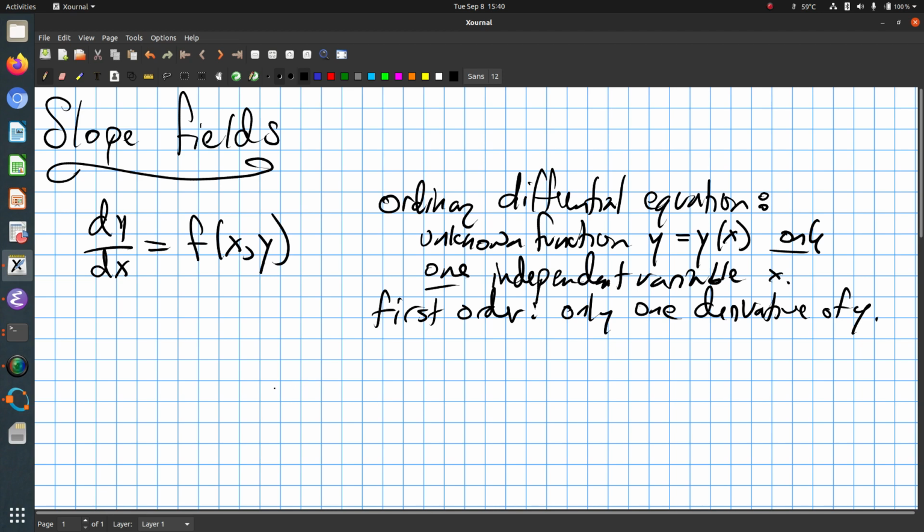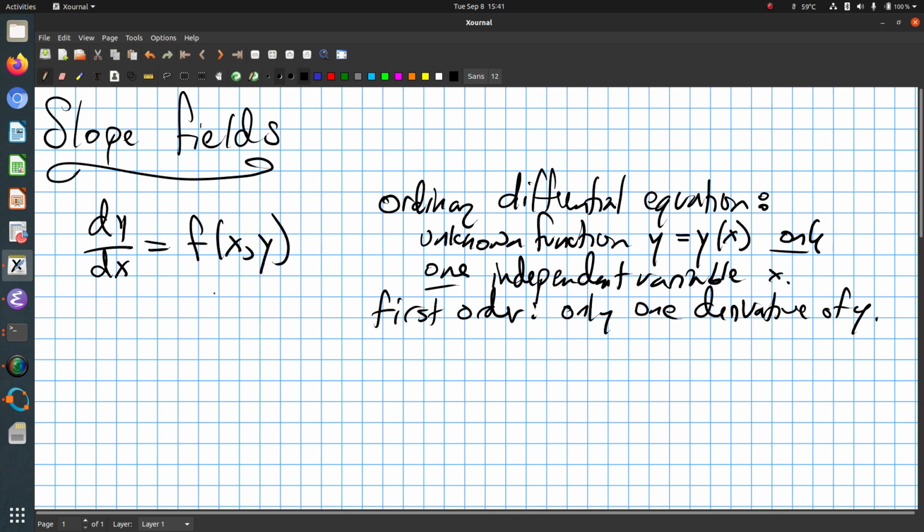Now, how do you do it? Well, essentially what you do is you draw a diagram in the plane, in x and y, with a teeny little bit of curve that is tangent, a little slope at each x and y based on what f is.